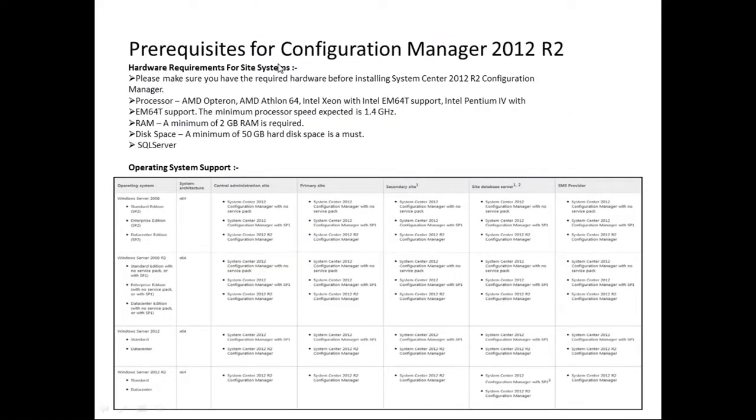Now, the prerequisite of SCCM server is you need to have at least 2 gigabyte of RAM, minimum 50 gigabyte of free space, and the processor AMD Opteron or AMD Athlon, Xeon, Intel. So this kind of processor you need, and SQL server has to be there.